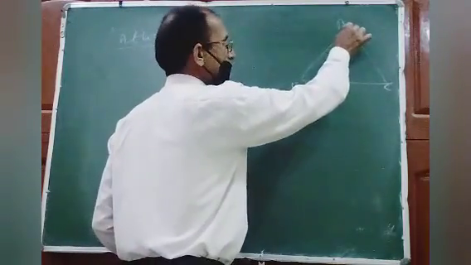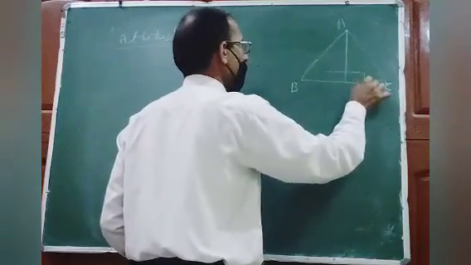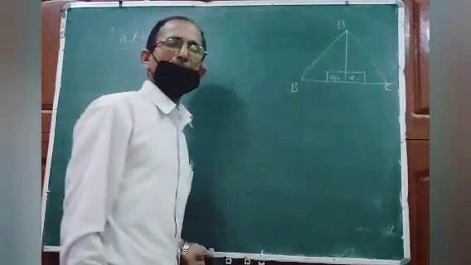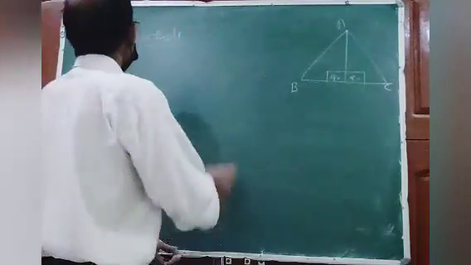This is vertex A. From this vertex A, if I draw a perpendicular to the opposite side, a perpendicular to the opposite side is called an altitude.